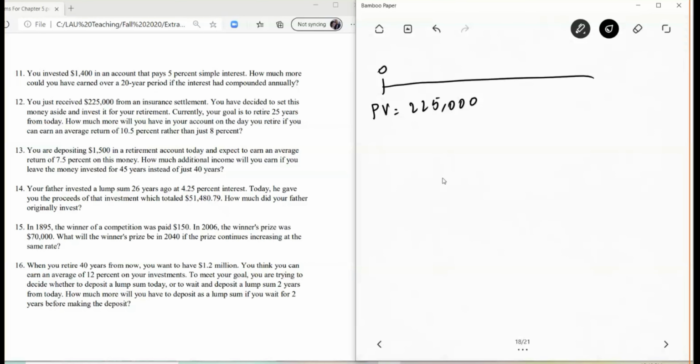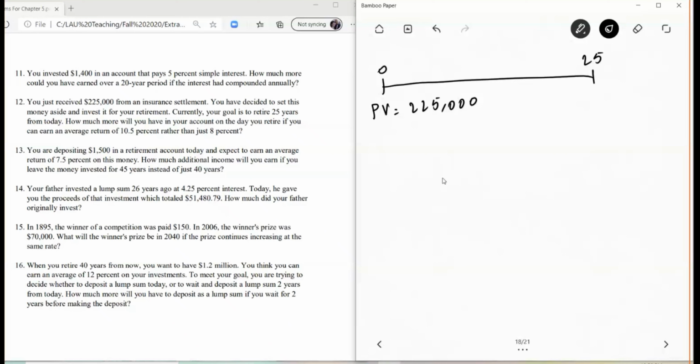Currently, your goal is to retire 25 years from today. So your investment is going to be over a 25 years period. How much more will you have in your account on the day you retire if you can earn an average return of 10.5% rather than just 8%?